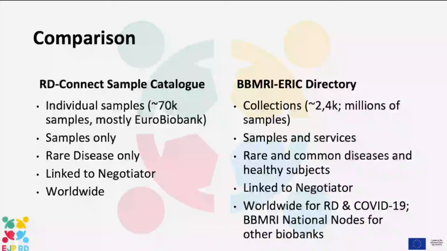The coverage of the directory is mostly the BBMRI national nodes, but for rare disease and COVID-19, there is an exception that biobanks outside of a BBMRI national node are also accepted to be listed in the directory.